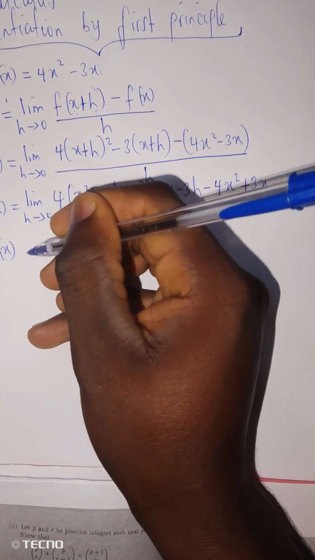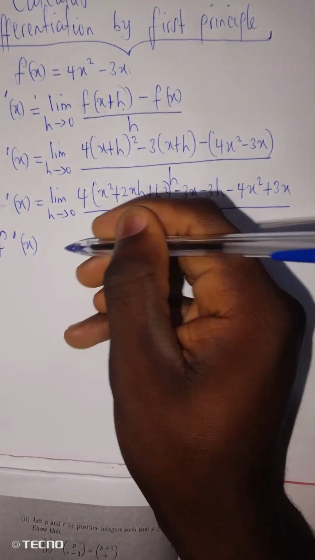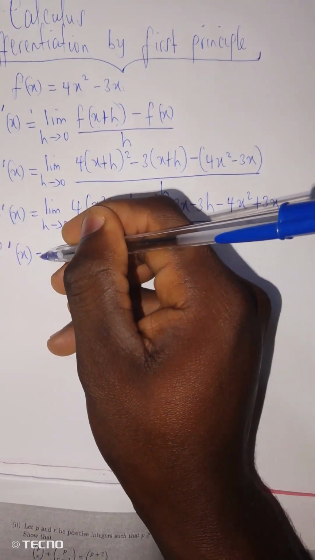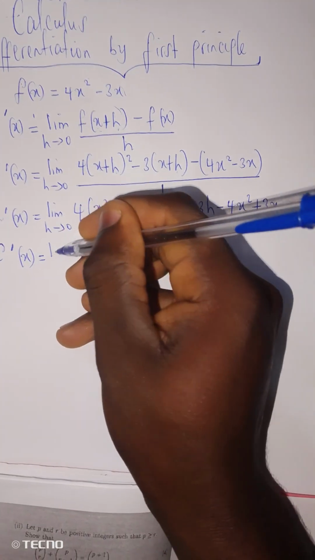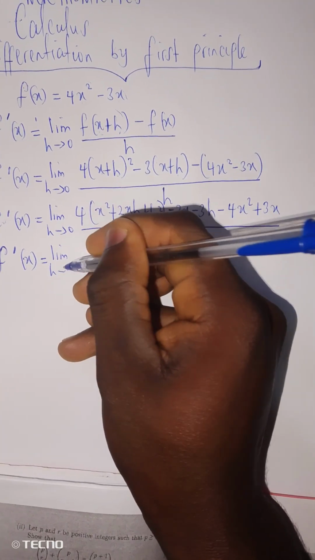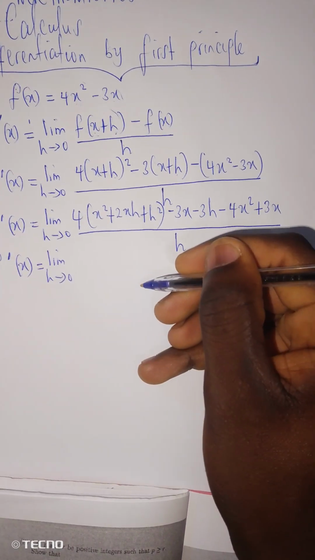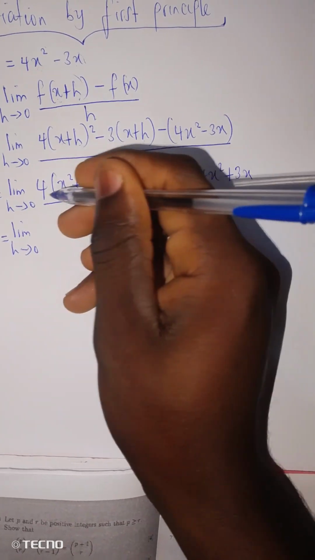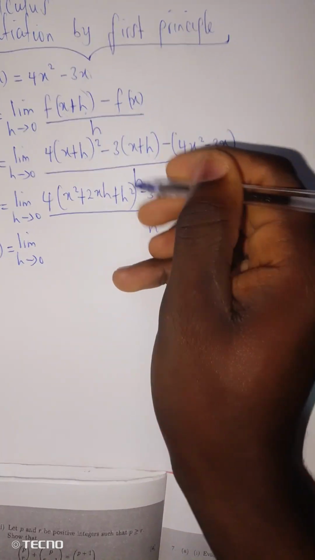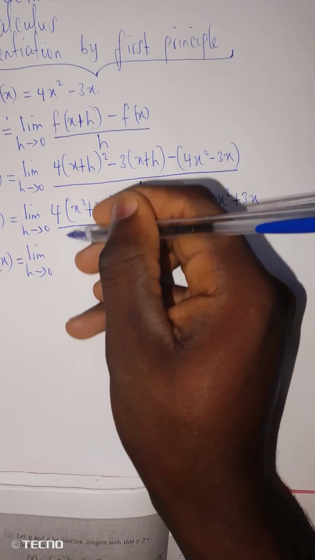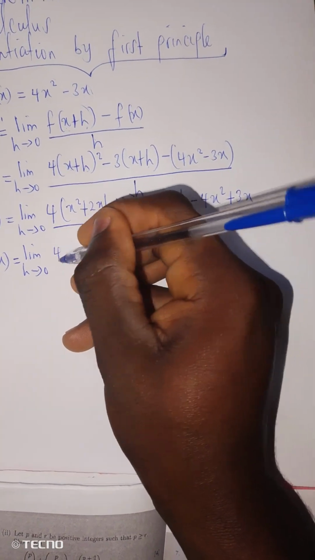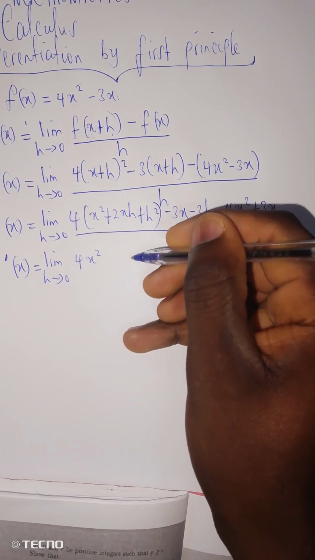Okay, so f prime of x will be equal to the limit as h approaches 0. I'm going to expand now this 4. I'm going to multiply it with whatever is in the bracket. So 4 by x squared, that is 4x squared.